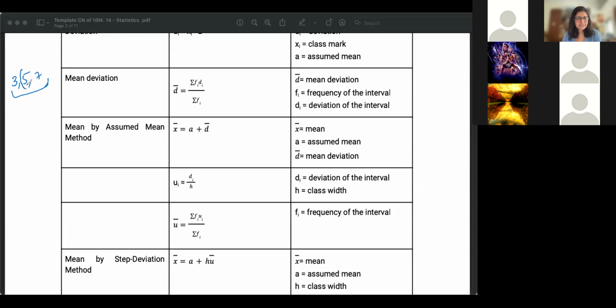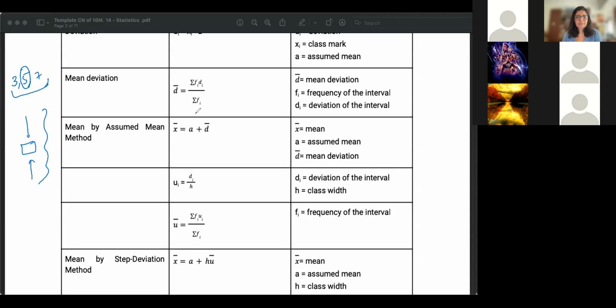Whatever is in the center, that's going to be your mean, right? So when you have a certain range of values, you can assume that the mean is going to be somewhere around here, somewhere in the middle.